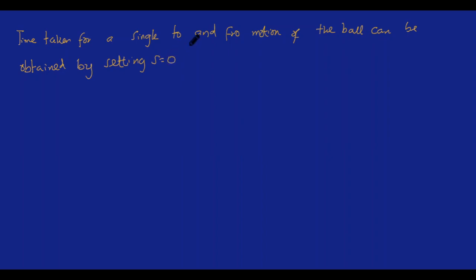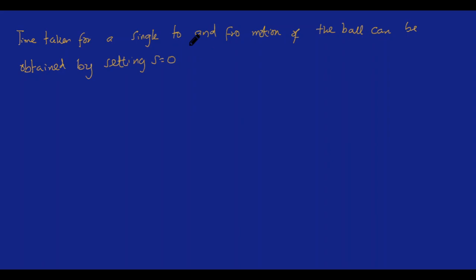Now, what's the logic behind this? The only time S is equal to zero, that is the vertical height, is when the ball is either at the beginning of the motion or when the ball is just concluding its motion, when it just hits the ground.